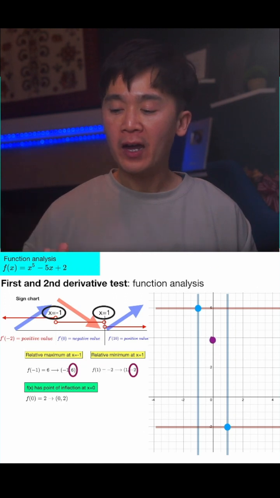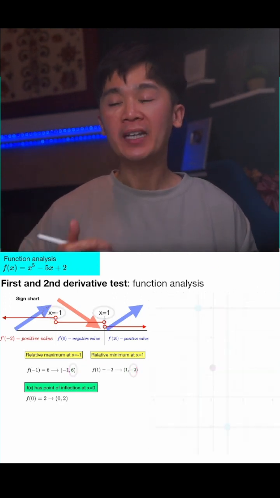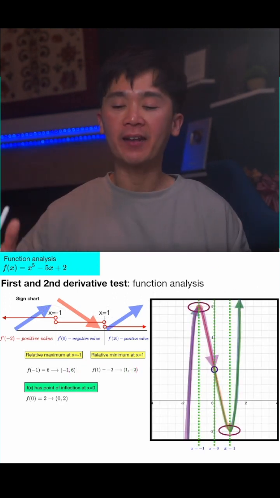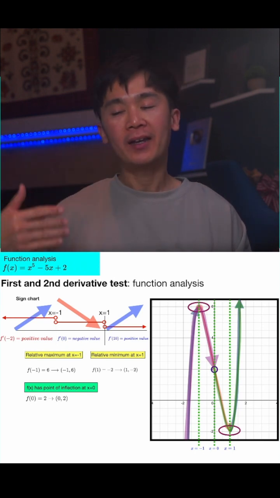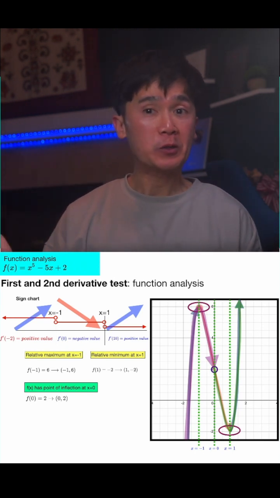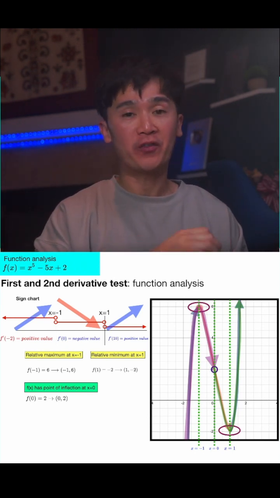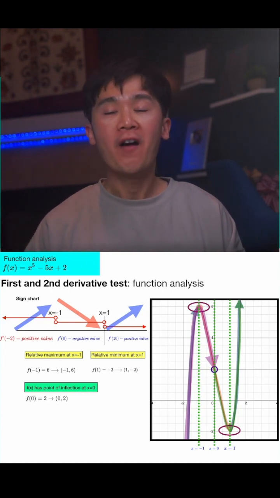And for the POI, which is at 0, 2, we can sketch the graph, and we are seeing that the graph that we're able to produce by hand is similar to the first graph that I showed you from our first slide.